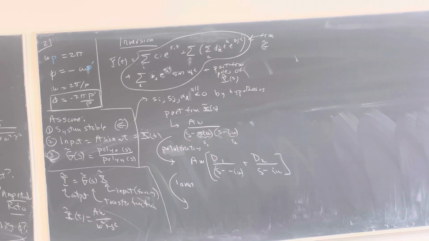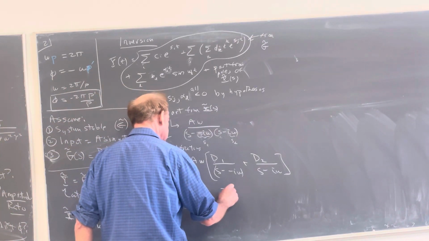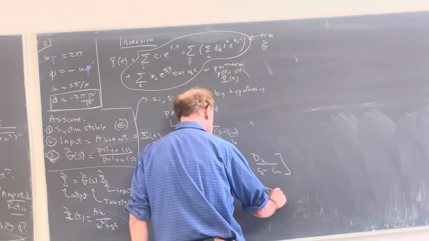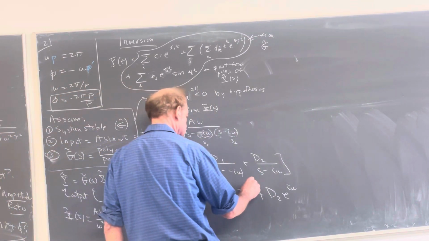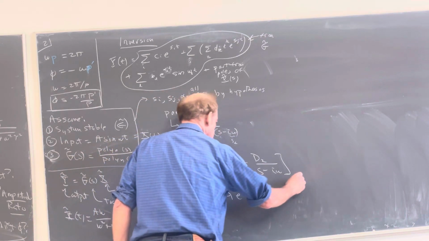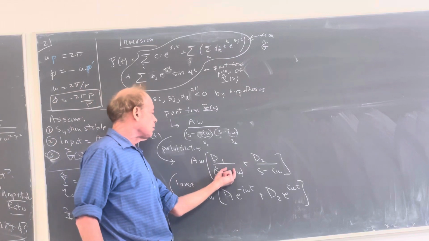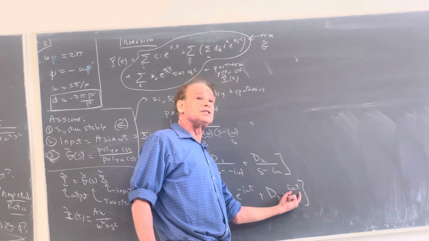I have this M1 of S and I write it as C1. And when I invert, I'm going to get A omega times D1 e to the minus I omega t plus D2 e to the plus I omega t. Again, because when I have C over S minus SI, when I invert it, I get C times e to the SI t. So whatever SI was, it comes in here. Here SI was minus I omega, so it comes into the exponent as minus I omega. Here SI was plus I omega, it comes in as plus I omega.